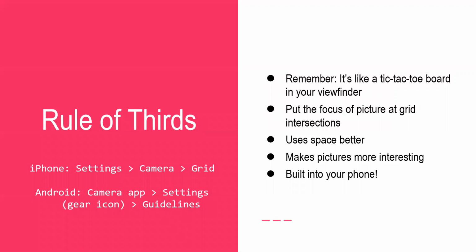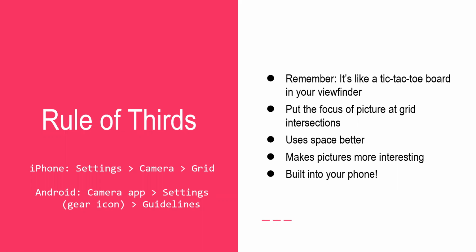Okay, so this is where we would usually break out and practice these on our own. I don't want to spend too much time on this, but let me turn my camera back on. I do just want to show you, there's a setting on most mobile devices, whether you have an Apple phone or an Android phone, that will let you add that grid as a visual reminder to your camera.